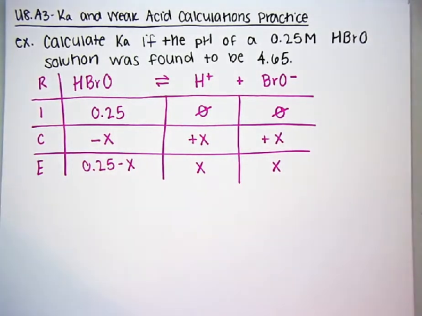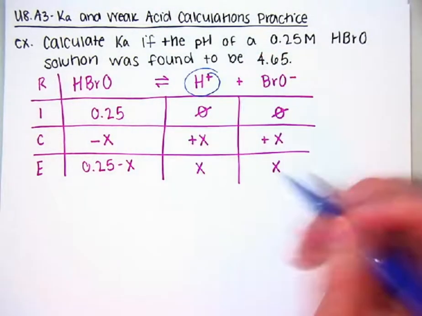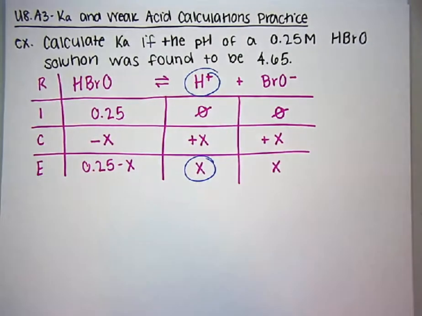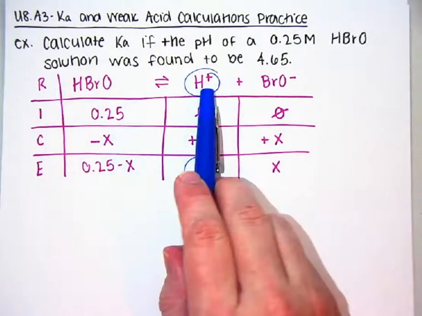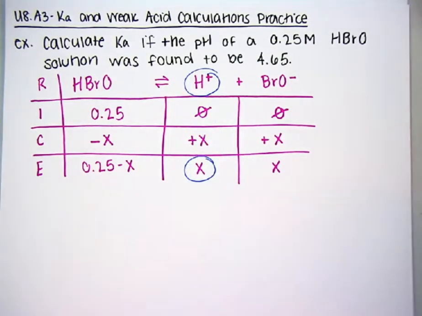All right, so I know at equilibrium, the concentration of H plus is equal to X. So if I can solve for the concentration of H plus, I know what X is going to be.